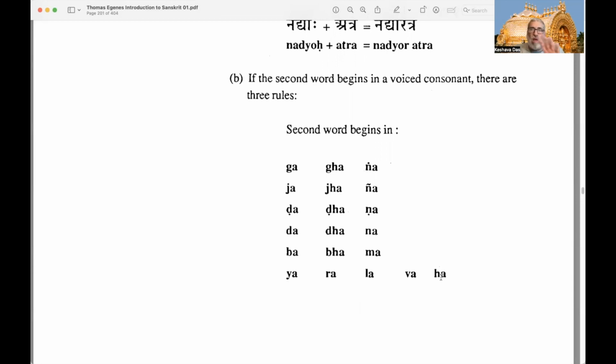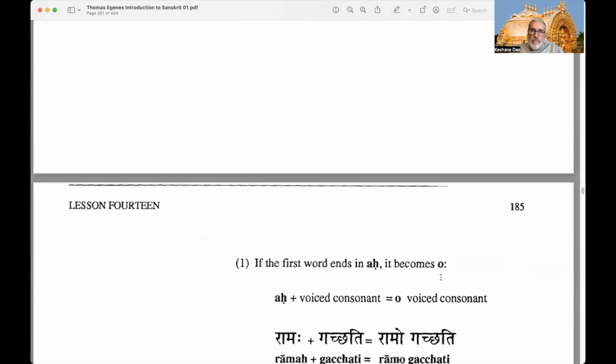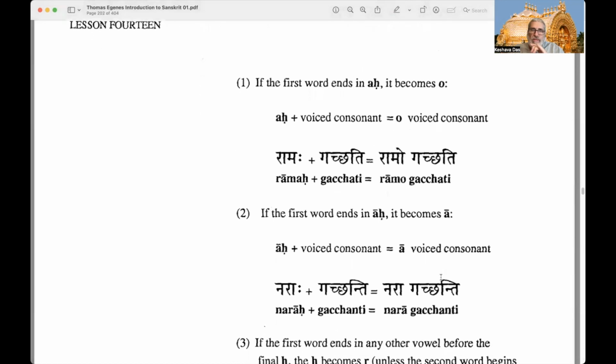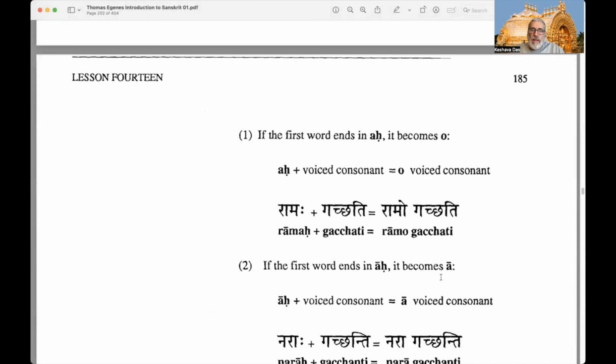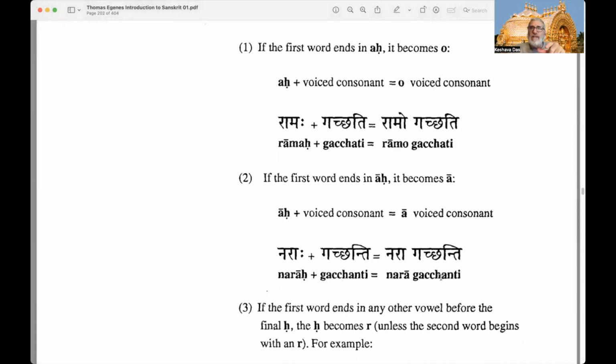Those are the voiced consonants, also known as soft consonants. So if the first word ends in short a visarga, it becomes o.